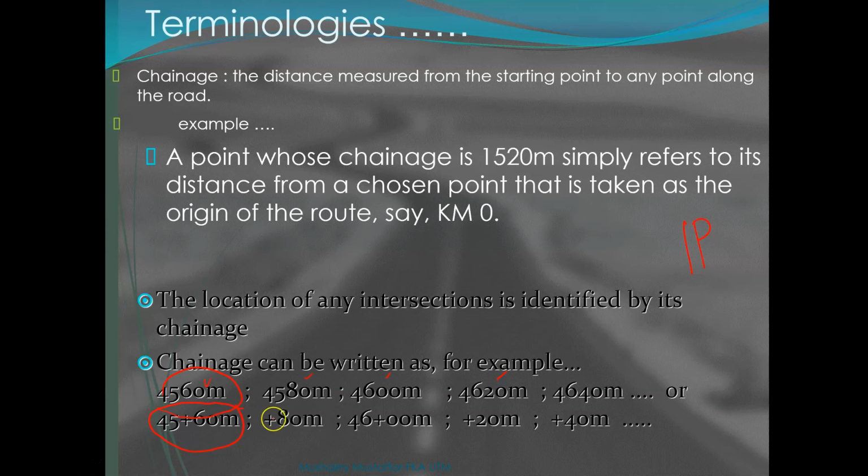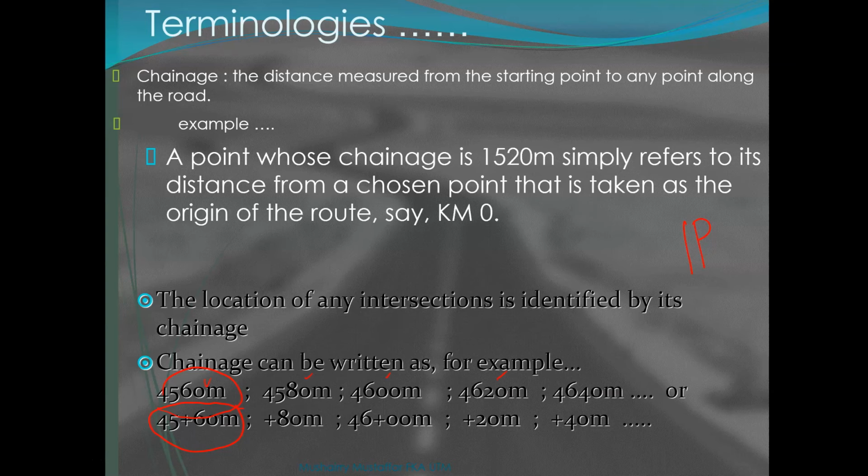You could write 4560, 4580, 4600, and so on. But some people, and some conventions, prefer to write 45 plus 60, then just plus 80, 46 plus 00, plus 20, plus 40, and so on. Either way it works, as long as you understand which one you have adopted. It's just a matter of preference, I would say.